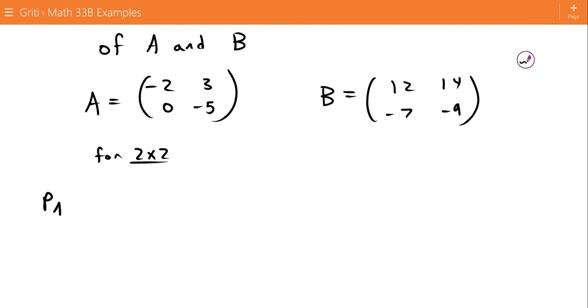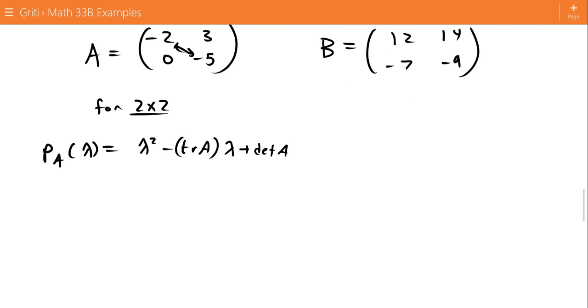The characteristic polynomial, which we'll just call P A of lambda, is going to equal lambda squared minus the trace of A times lambda plus the determinant of A. So the trace of A is just the sum of the diagonal entries.